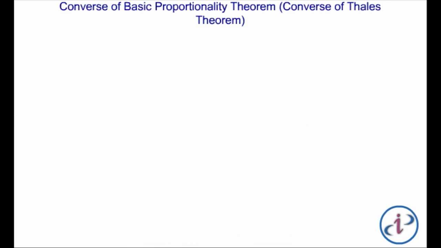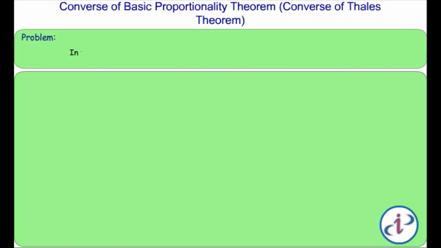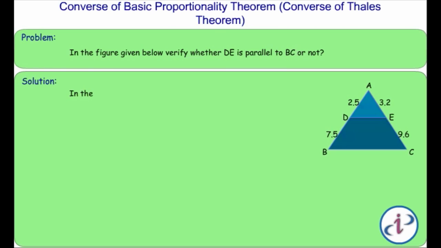Let us look at a few problems based on the converse of the basic proportionality theorem. In the figure given below, verify whether DE is parallel to BC or not. In the given triangle ABC, AD by DB is equal to 2.5 by 7.5, which is equal to 1 by 3, and similarly AE by EC is equal to 3.2 by 9.6, which is also equal to 1 by 3.